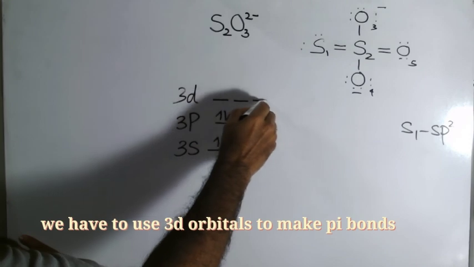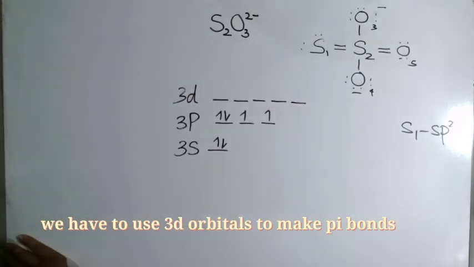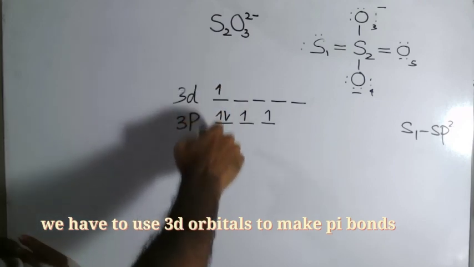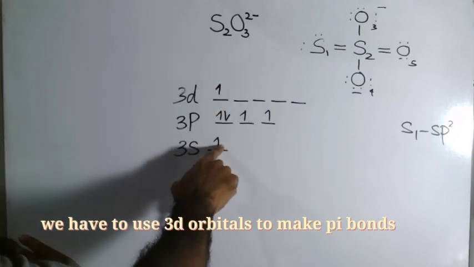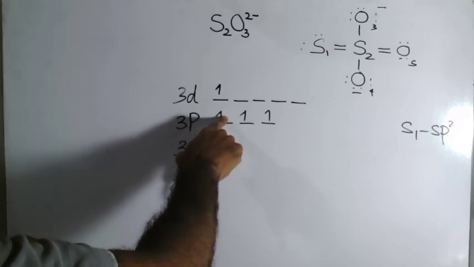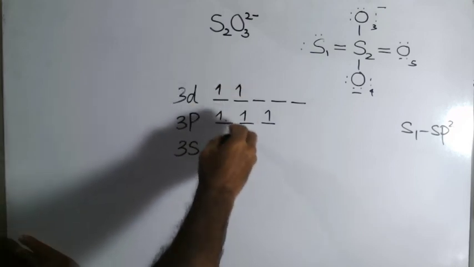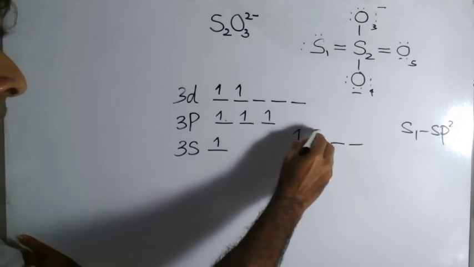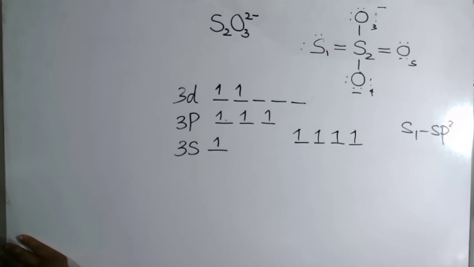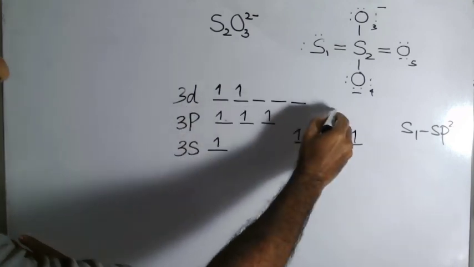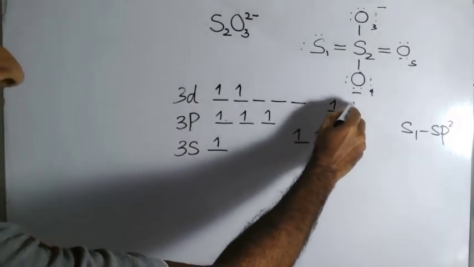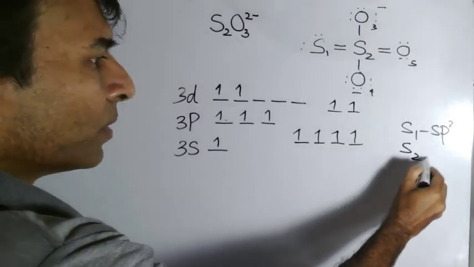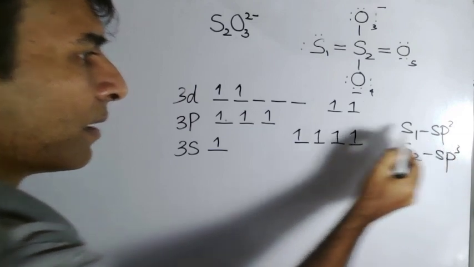There are 5 3d orbitals. So I am going to transfer this electron to here, and also this one to there. Now we can use these to make 4 sigma bonds, and these d electrons will be used to make the 2 pi bonds. So sulfur atom number 2 has sp3 hybridization.